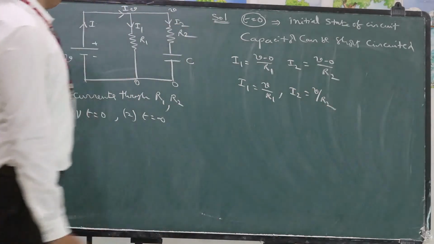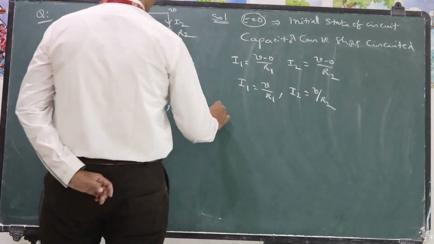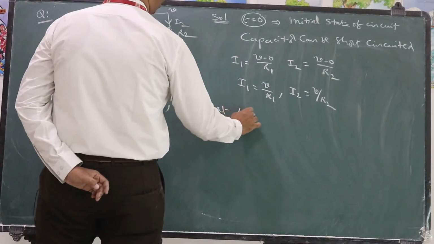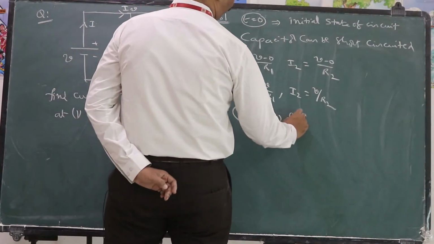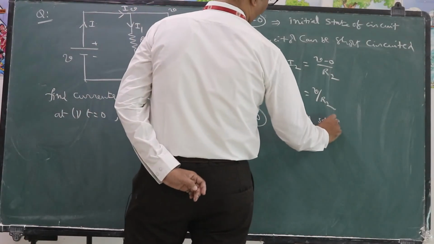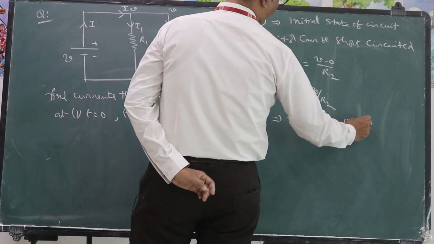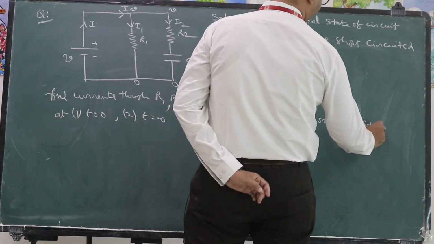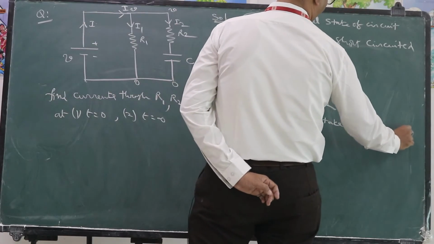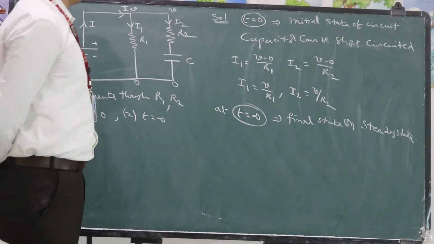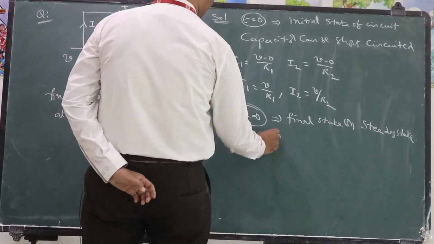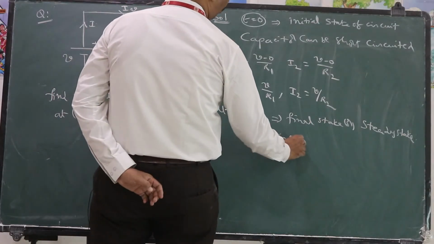The same problem at time t equal to infinity. At t equal to infinity, that means which state? Final state, or steady state. Steady state means the charge on the capacitor becomes Q0.